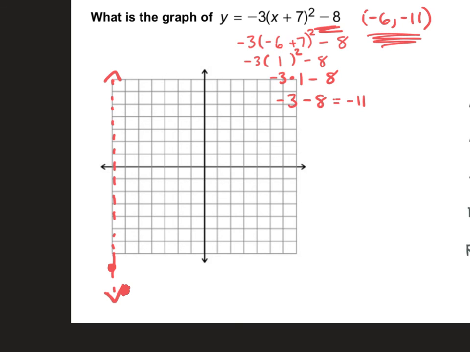So now we have a point 1 space away on the right side. What's another point we have to have? We got 2 points. Where does our third point come from?